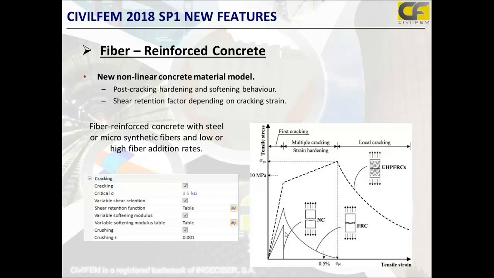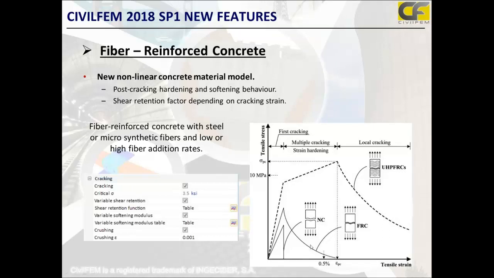Before, if we set a critical stress for concrete, we would take this branch until the critical stress, and then have a constant softening modulus, so we can have a kind of abrupt value of the stress going just to zero, or we can modify it a little bit if we want to have a slope.